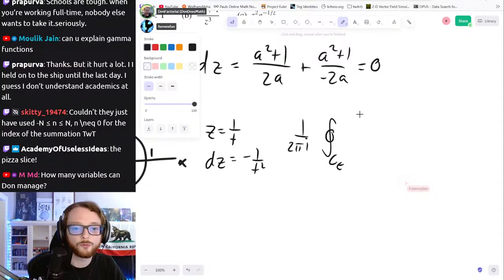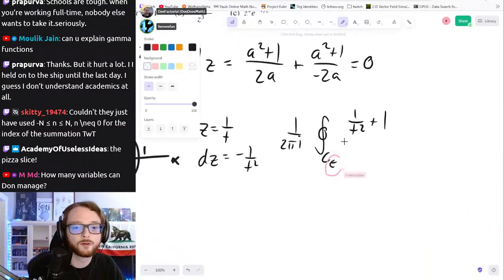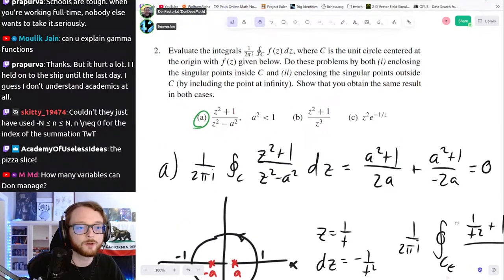How many variables can I manage? Not that many, apparently. What's this epsilon here mean again? Oh, that means there's a pole at 0 or something? Instead of doing an infinitely large circle, I'm doing an infinitely small circle for infinity. Okay.